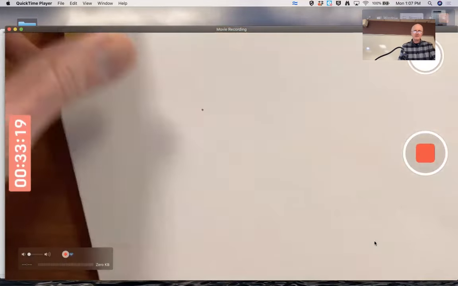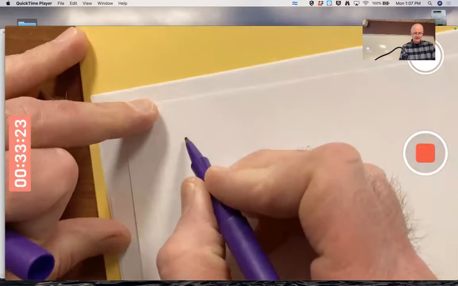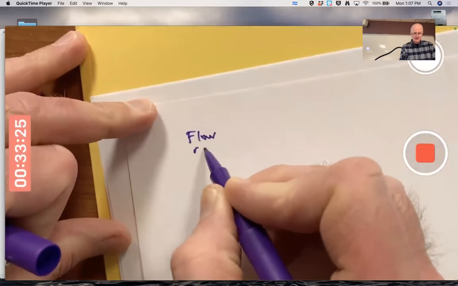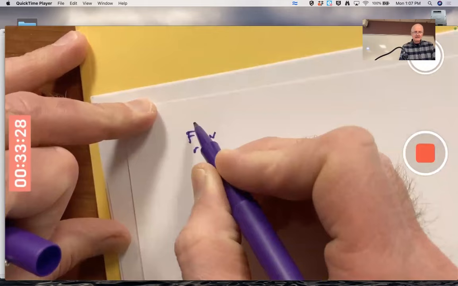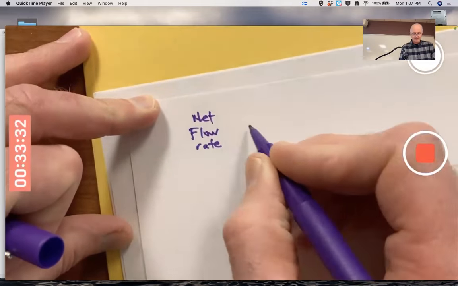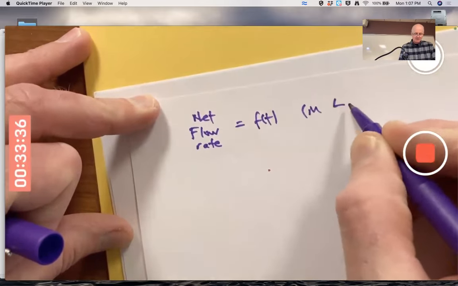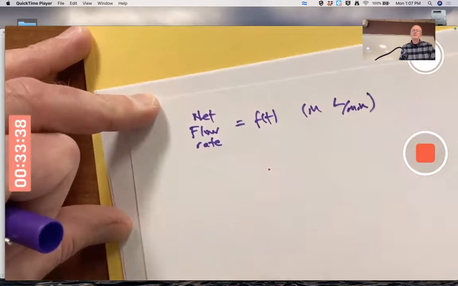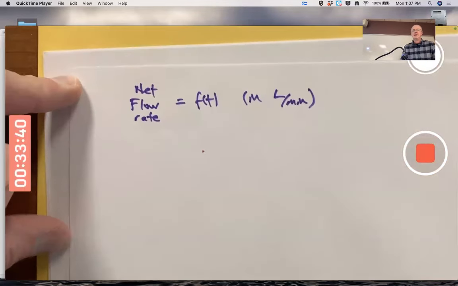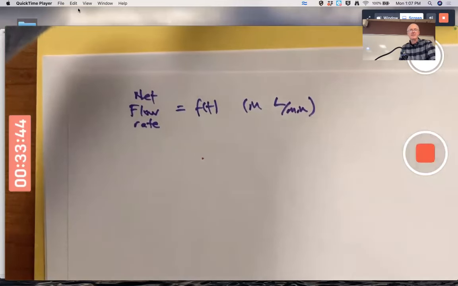Let me write that down. Flow rate, maybe net flow rate for extra emphasis, it can be positive or negative. It's going to be little f of t, let's say in liters per minute. It's a rate of change.